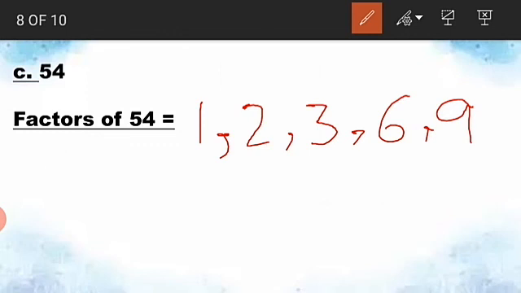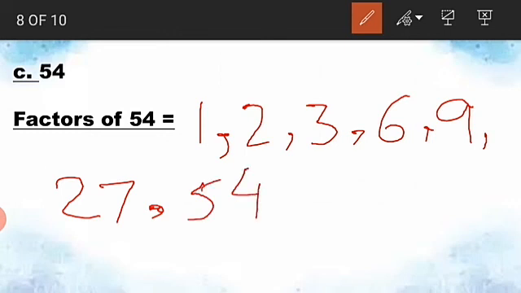So both numbers are factors of 54. After 9 we have 27, as 27 twos are 54. After 27 we have 54. Clear? So class, these are the factors of 54.